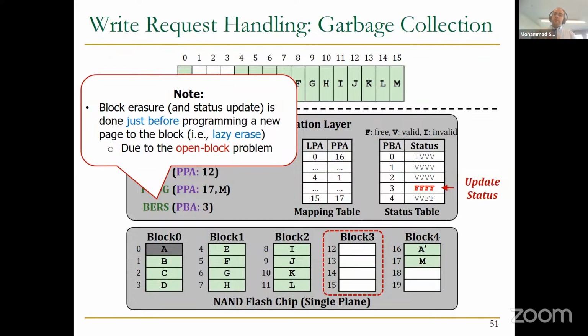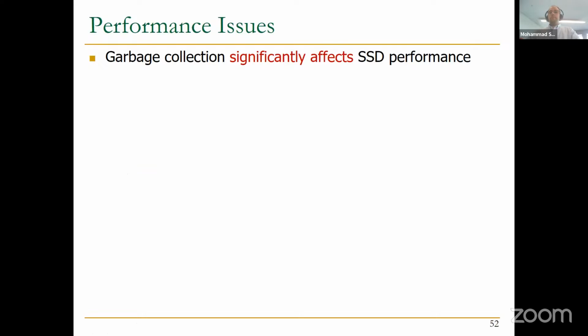We usually delay it, because we don't want to have several open blocks in our NAND flash chip. We want only one block ready to be written at a time. So we use this lazy erase approach, which delays the erase until we really need to do it.